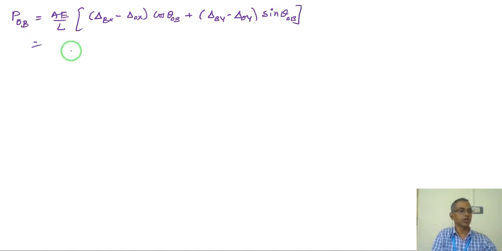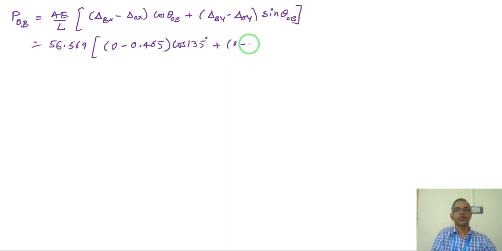So AE by L for this is 56.569 into 0 minus OX, which remains always the same, 0.465 into cos theta OB, which is 135, plus 0 minus plus 0.310 into sine of 135 degrees.